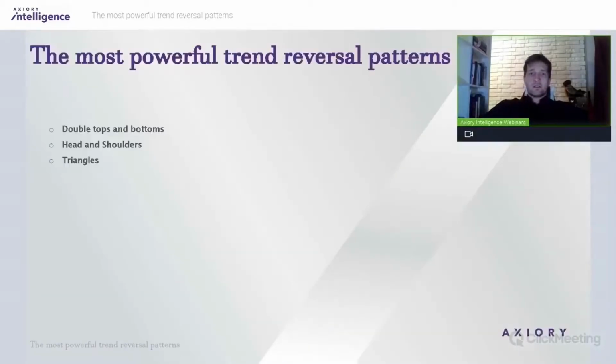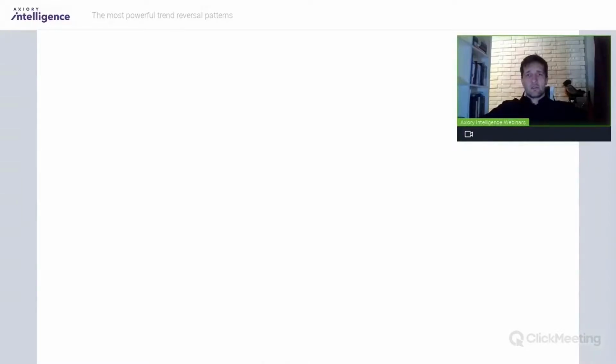So without further ado, let me show you the most powerful trend reversal patterns, and in those we have double tops and bottoms, head and shoulders, and triangles. It will be the same as on Thursday, so I'm gonna draw you. I'm gonna explain you everything from the theoretical point of view here on the board, and later we're going to move to the platform.